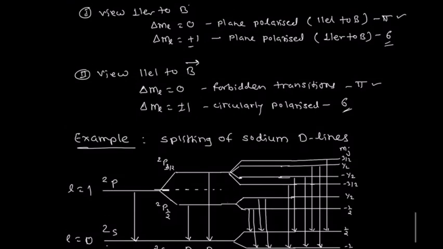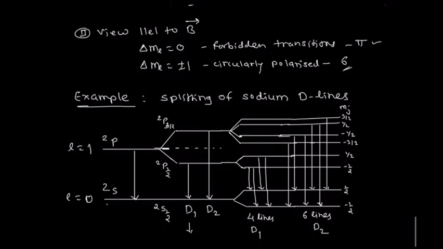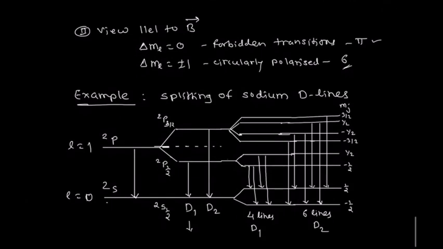interaction Mj, it gives 2j plus 1 values. And for L equal to 1, L equal to 0, this is only one state, doublet S half. For that one, j is half, hence 2j plus 1, 2 multiplied by half, that is 1, 1 plus 1, we get 2.